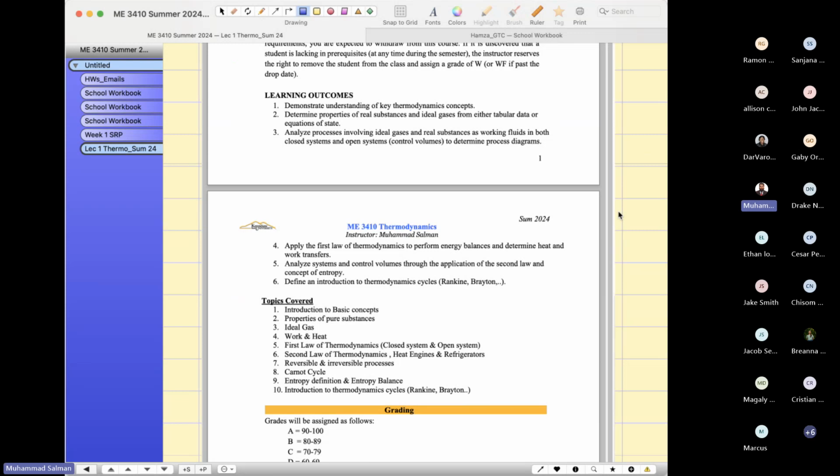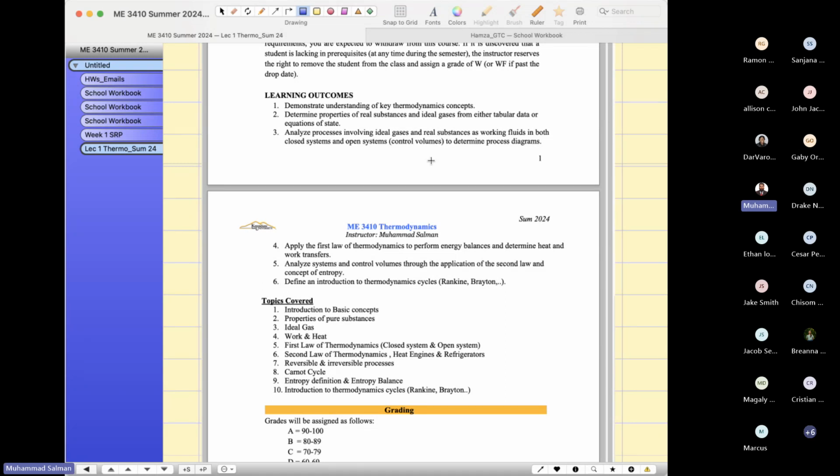I will show you when the time comes how to read those tabulated data from the book. All the exams will be open book, but you are not supposed to have the solutions of the homework problems in front of you when you are taking the exam. You are allowed to take one formula sheet during the test, and the exams are open book.